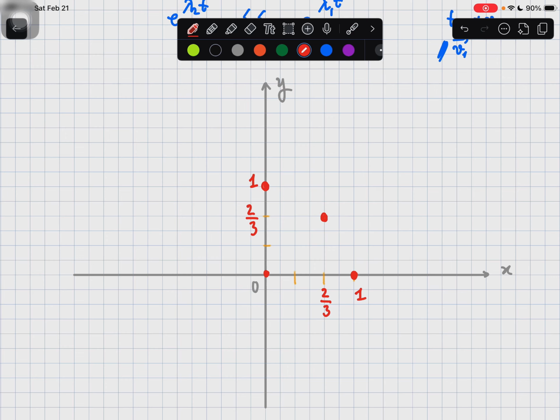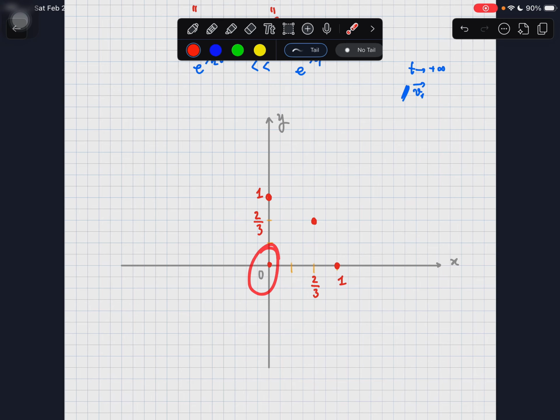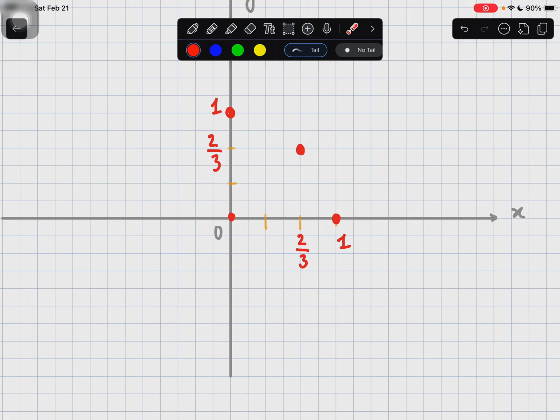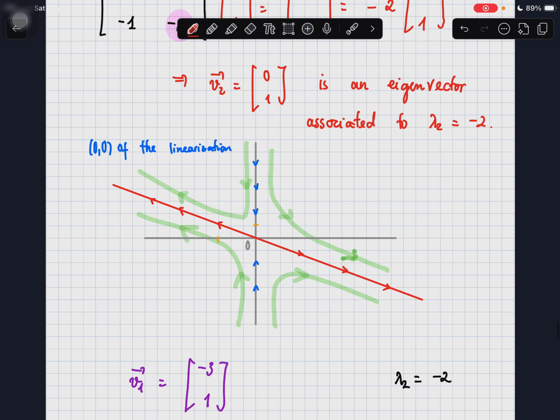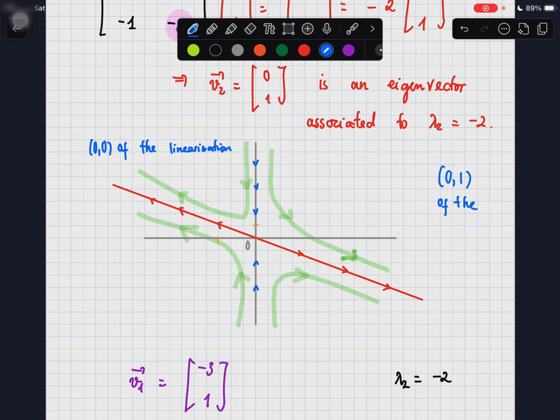We know that for the first case, it is a source, a nodal source, because we don't want spiraling here. The population would enter the negative side, which doesn't make sense. Here's the picture around 0, 0 of the almost linear system.